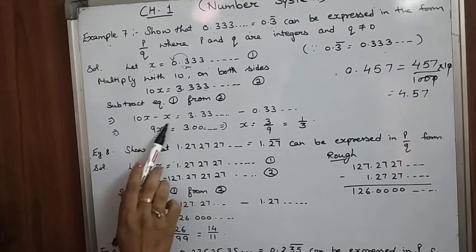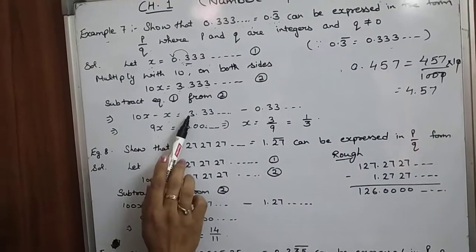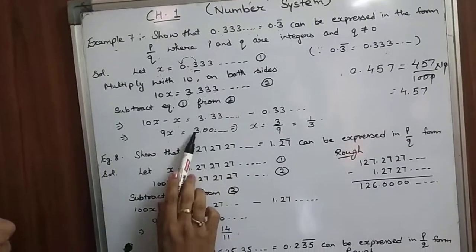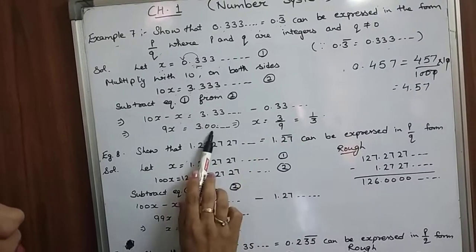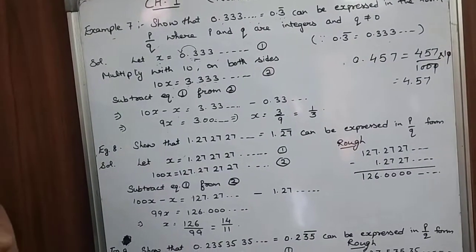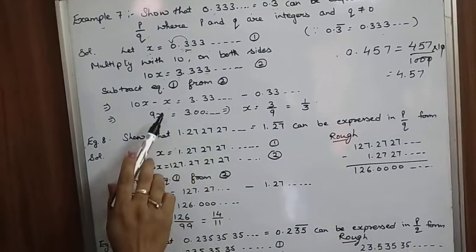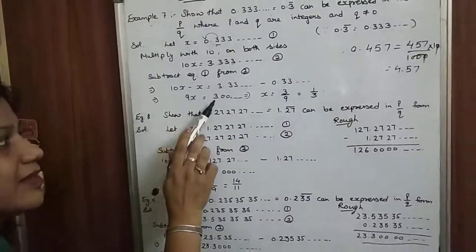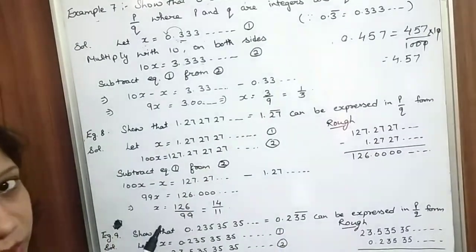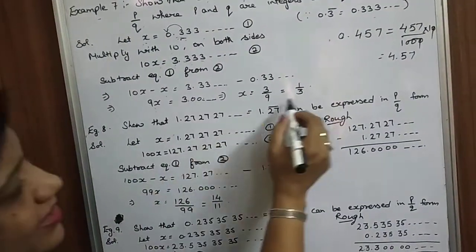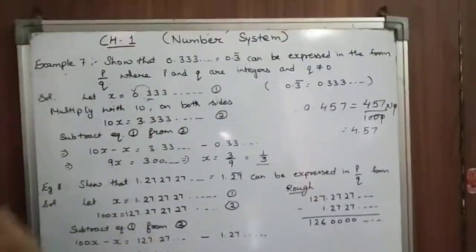Now 10x minus x is 9x, 3 minus 0 is 3, and the 0.333 parts all turn into 0. So what is left is x is equal to 3 by 9, which is equal to 1 by 3. I hope you understood. This is the form P upon Q.